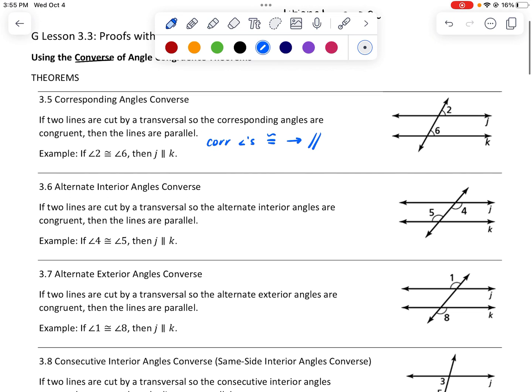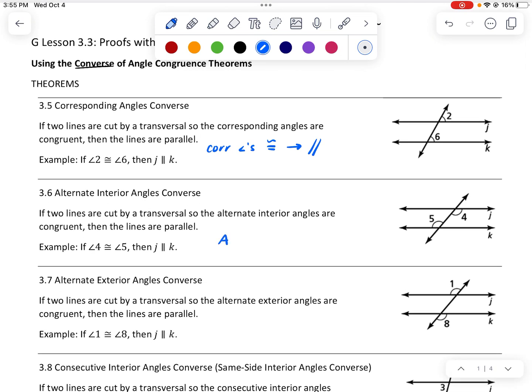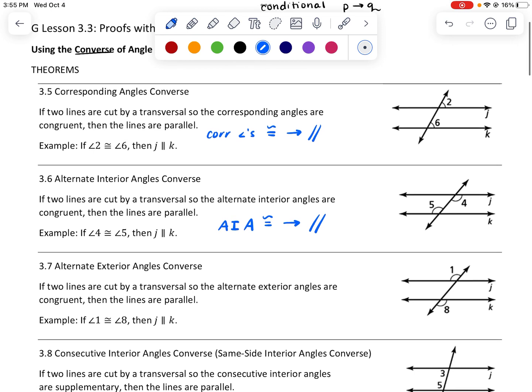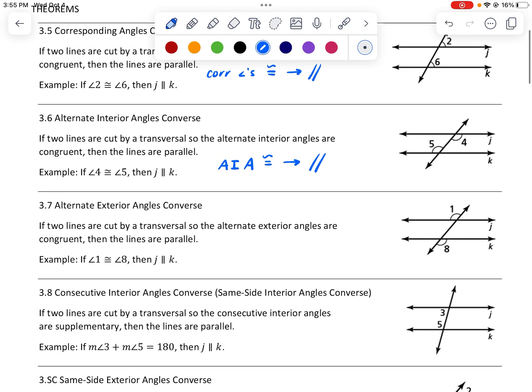use. So if alternating interior angles are congruent, then we have parallel lines. Moving down the page, if alternating exterior angles are congruent, then we have parallel lines.